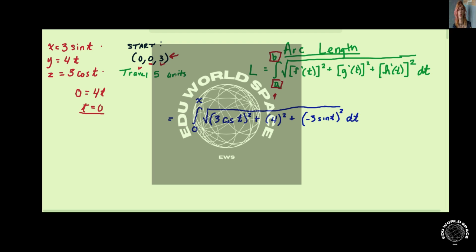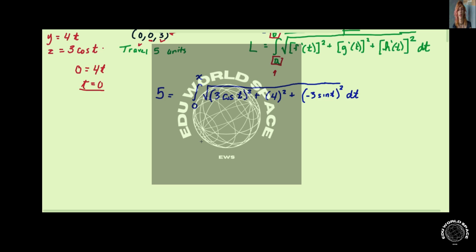And we know that we travel 5 units. That's another way of saying we're trying to figure out what this ending parameter is once we've traveled an arc length of 5. So we actually know what we want L to be. We want that to be 5 units. And now we've got an equation where once we substitute everything in, we'll have one unknown, x. We know that we want this side to equal 5. So we can start evaluating this.